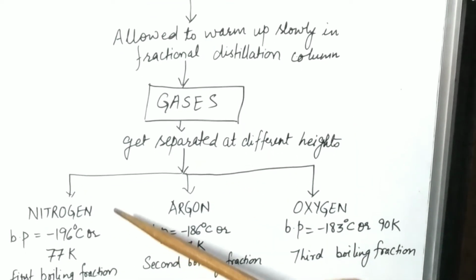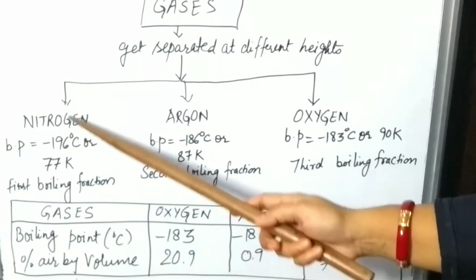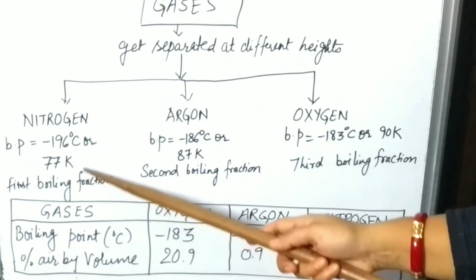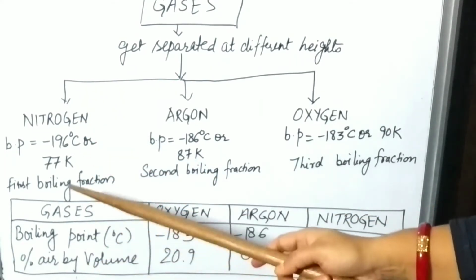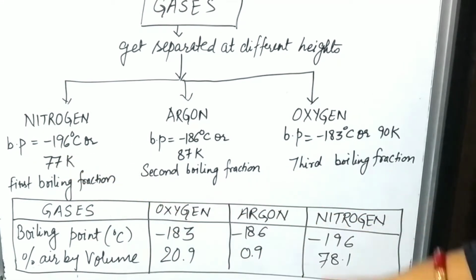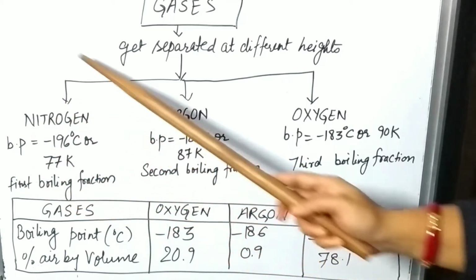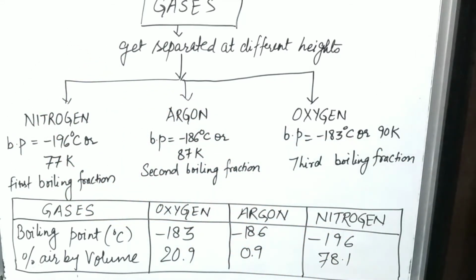Through this chart we can see that first of all nitrogen is separated. How and why? Because its boiling point is 77 Kelvin. That's why the first boiling fraction is nitrogen, which can be easily separated out.